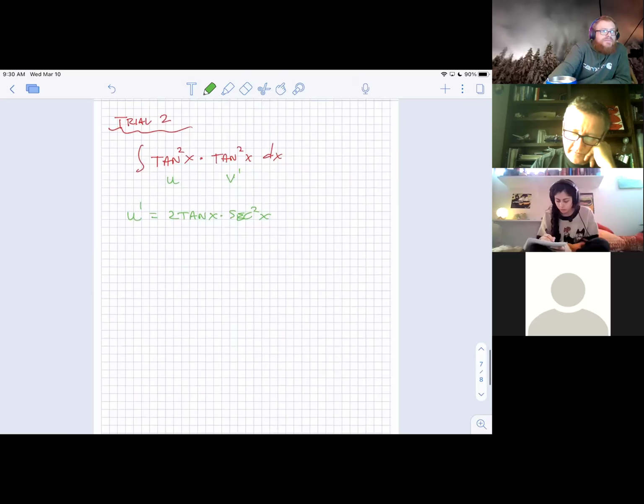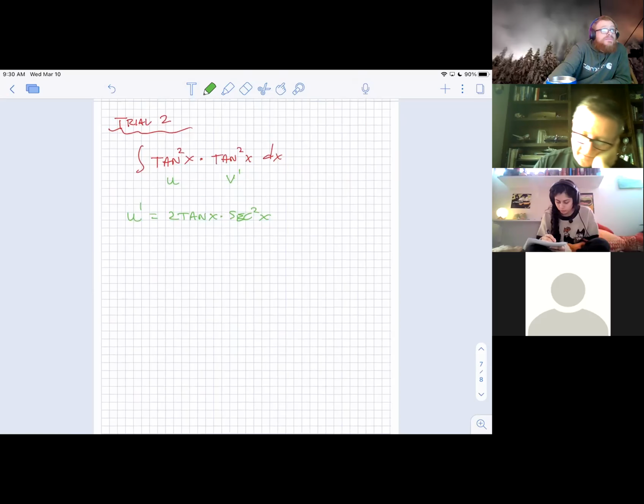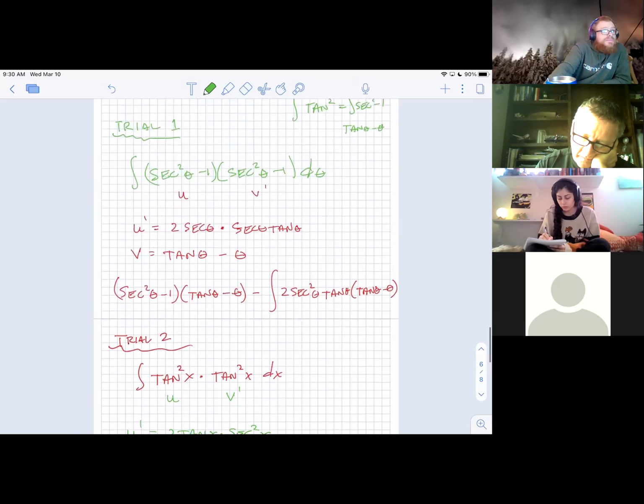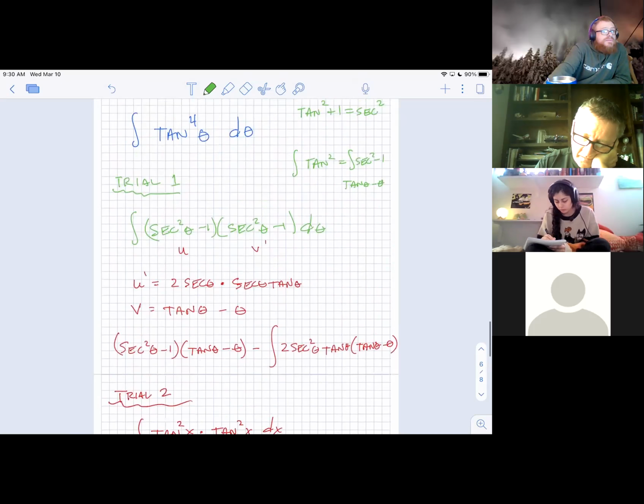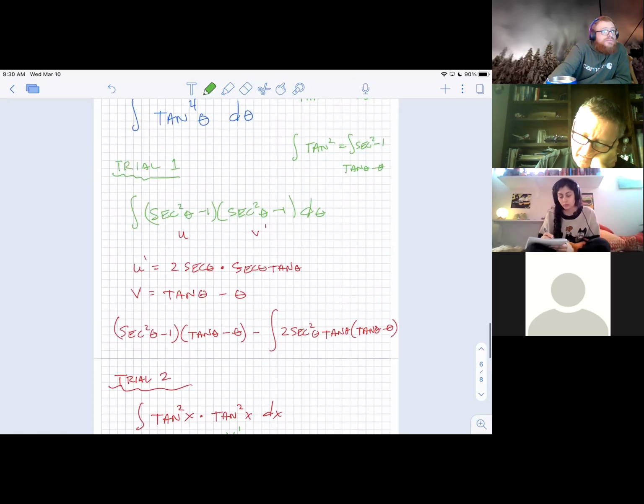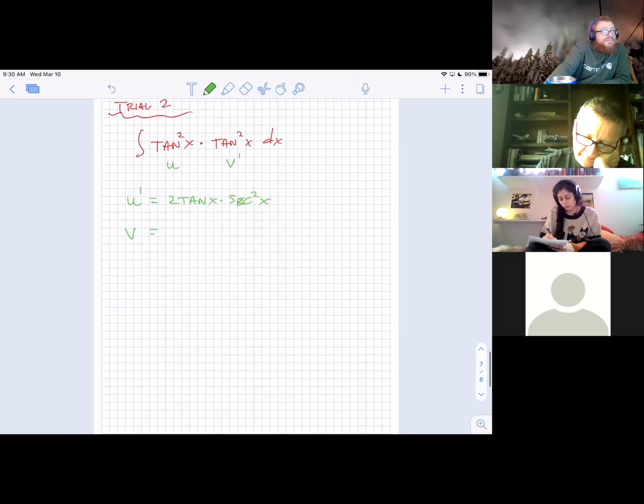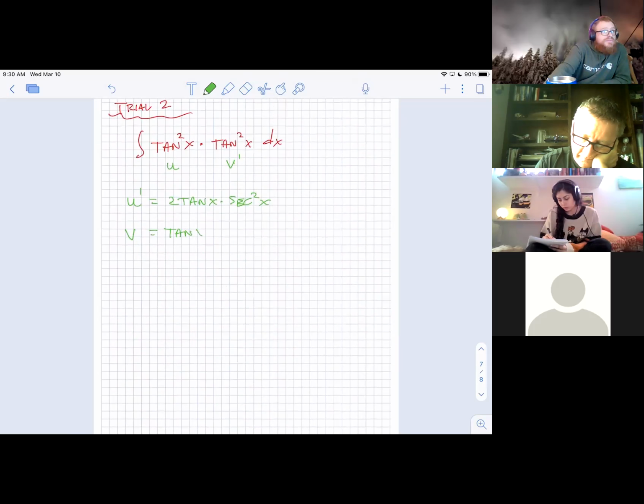Notice I switched to x's. The integral of tangent squared, we said a second ago, was actually just tangent of theta minus theta, tangent of x minus x.